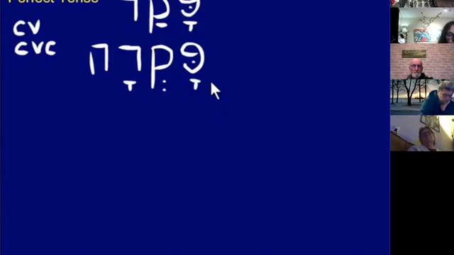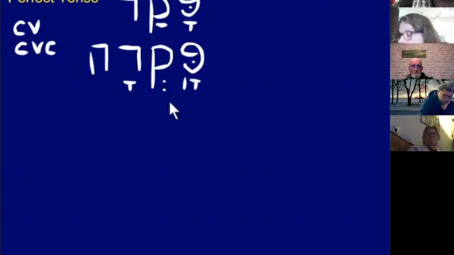So we don't want it to be a qamets hatuf, we want it to maintain its long A status. So we put a metheg in. Remember the metheg lesson? Metheg means this vowel retains its full status as a long A. It also means, by implication, that we're effectively closing the syllable. We have a syllable marker here. And it means, also by implication, if you forget, go back to those modules, that the next shva, if there is one, is going to be vocal.